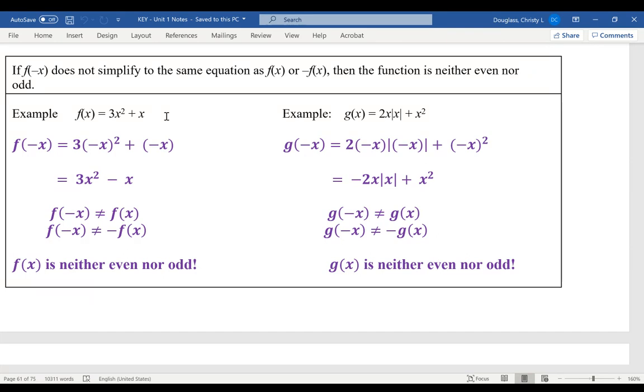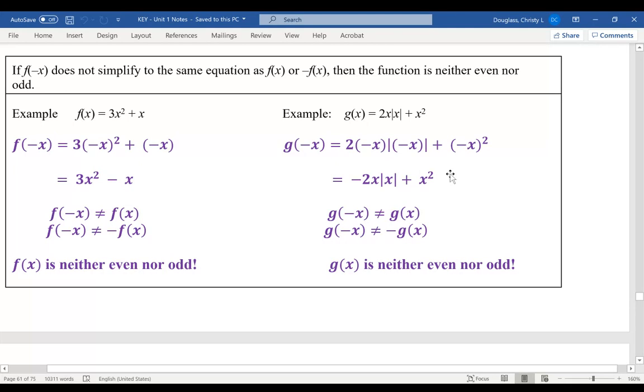Example G, if we replace x with negative x, and you do have to be very careful, especially in one like this where you have a lot going on. The 2 times x outside of the absolute value bars becomes negative 2x when you replace x with negative x. Inside the absolute value bars, the absolute value of negative x is just the same as the absolute value of x. And when you square a negative, you get a positive.